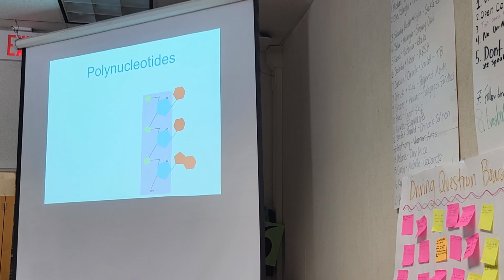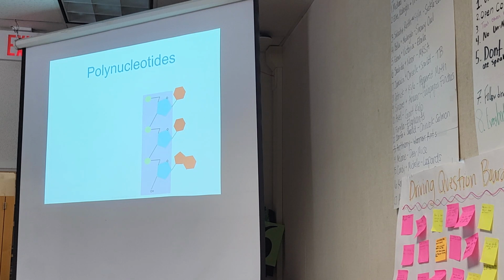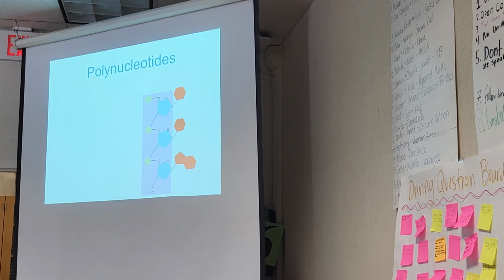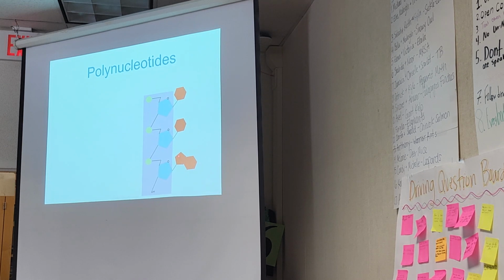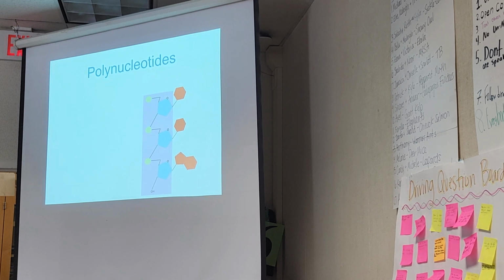Pyrimidines. Cool. The double ringed, one pentagon and one hexagon, are the purines. So this could be adenine, right? Adenine is a purine.